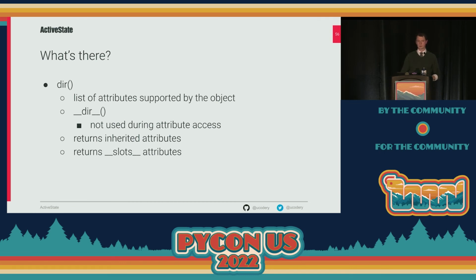Instead of returning a mapping, it returns just a list of names, but it does its very best to walk the inheritance tree of a class, to look in the class of an instance for you, and find all the names that would resolve if you actually try to go and find them. And it's supported by a magic method, dunder dir. So it doesn't get everything. It's really hard to get everything in a dynamic language, but it tries really hard and it gets there most of the time.